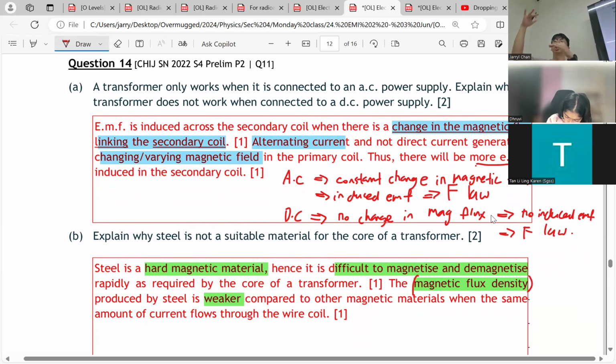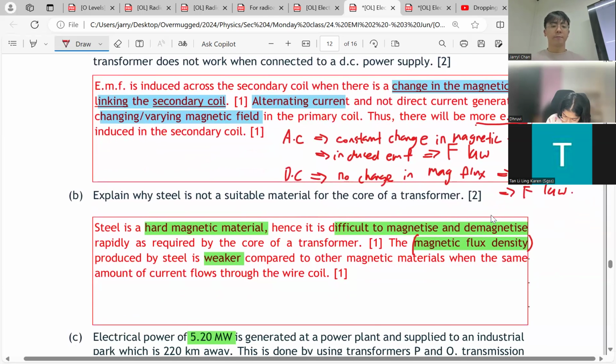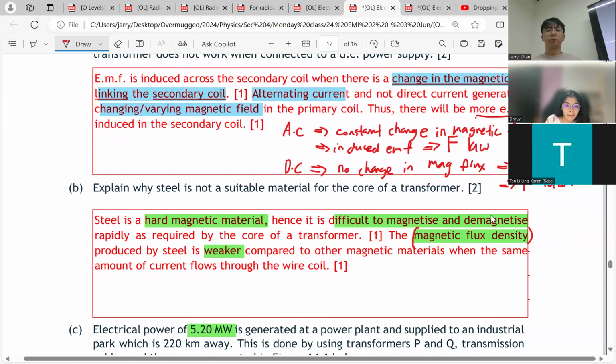You can think of this as how much it concentrates the magnetic field lines. So only two parts to this: hard magnetic material, difficult to magnetize and demagnetize, and magnetic flux density weaker.